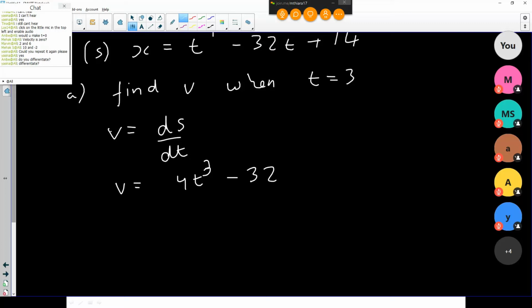And I need to find v when t equals 3, so all I'm going to do is substitute t equals 3 into this equation.